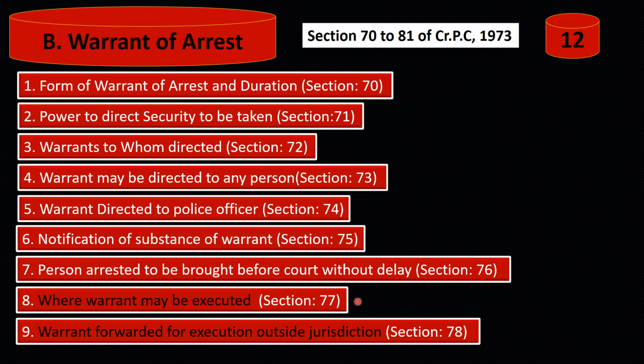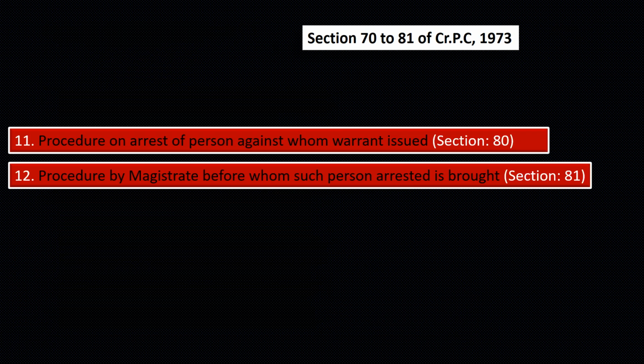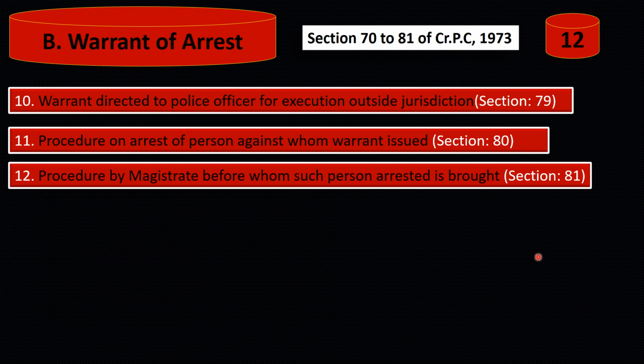Where warrant may be executed, where warrant is to be executed outside the local jurisdiction, warrant directed to police officer for execution outside jurisdiction. All is covered under sections 77, 78 and 79. All talking about execution. Now, procedure on arrest of person on whom warrant is issued is given under section 80.